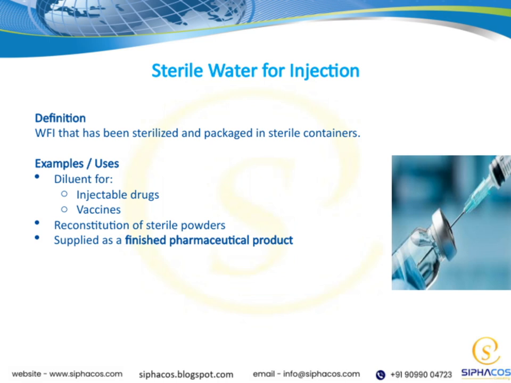Sometimes, it's supplied as a finished pharmaceutical product itself, ready for use in various medical settings. Overall, sterile water for injection is an essential component in the preparation and administration of many injectable medications, ensuring safety, sterility, and compatibility with other drugs.